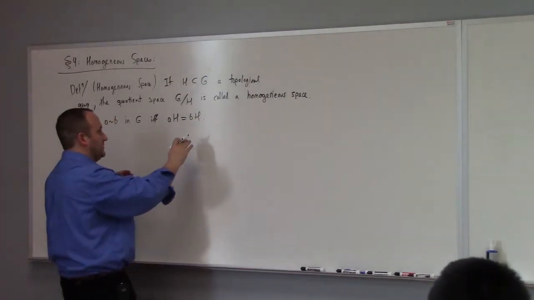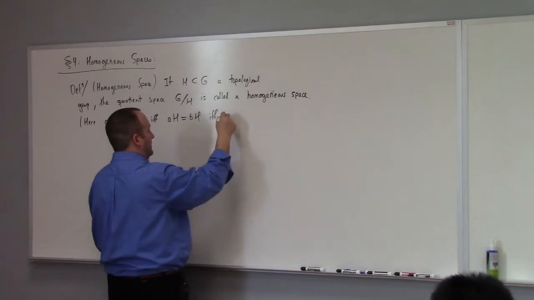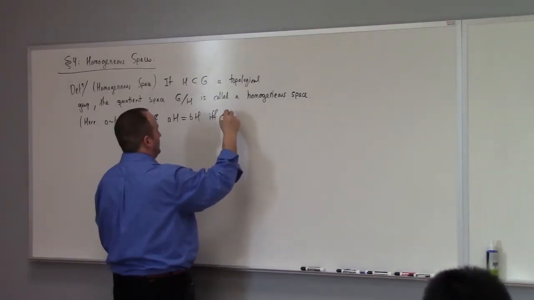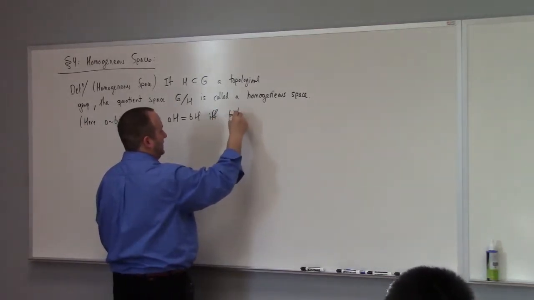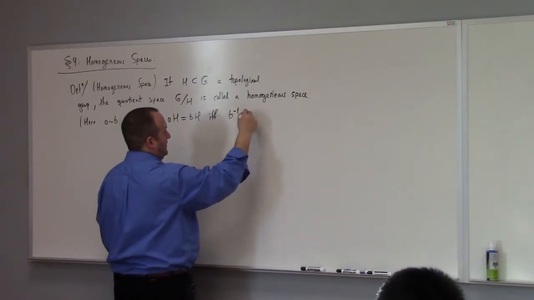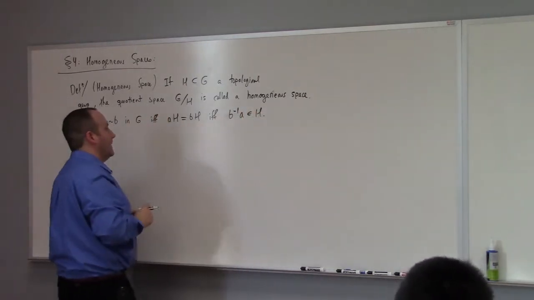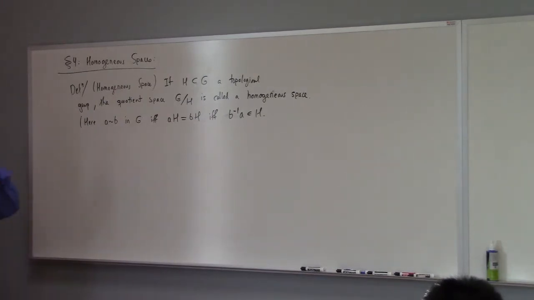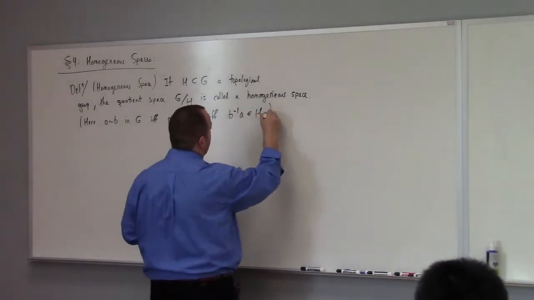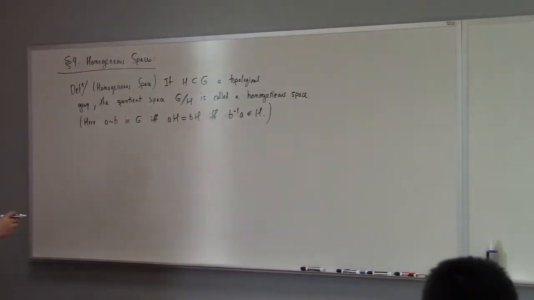Which, of course, we know is interchangeable with what? b inverse a is an element of H, yeah? So this is the equivalence. Why is it called a homogeneous space? The group action on it is transitive, you say.